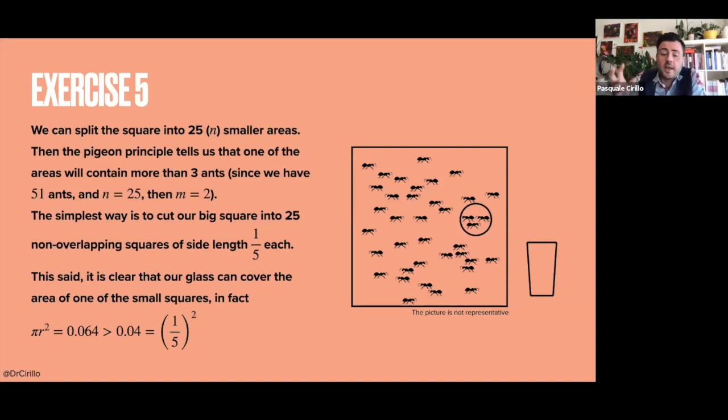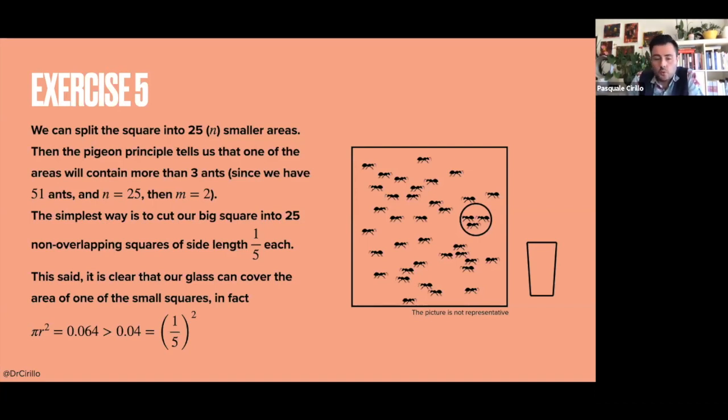The question is, can I capture those 3 points if I use my glass? Here is a very basic geometrical question. If I have a square with side length 1/5, so 0.2, the area of the square will be 0.04. Now, what is the area covered by the circle that represents the glass?